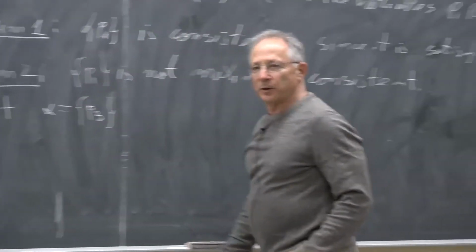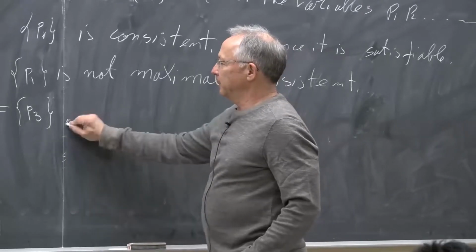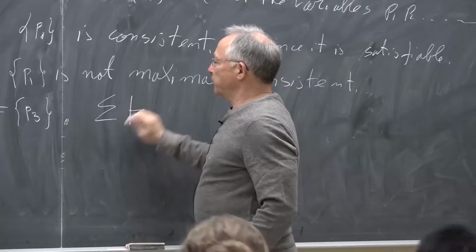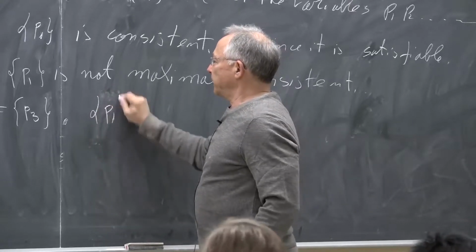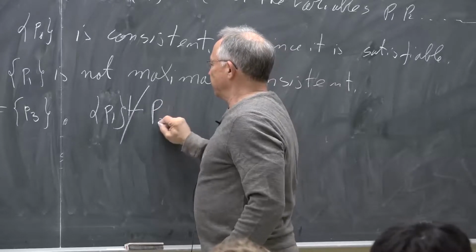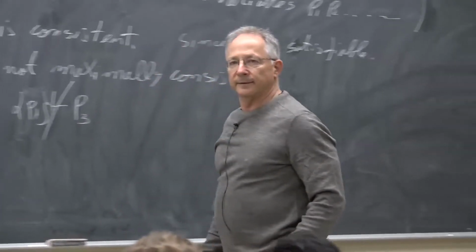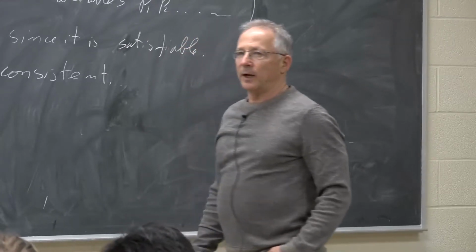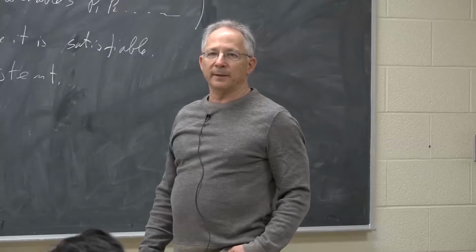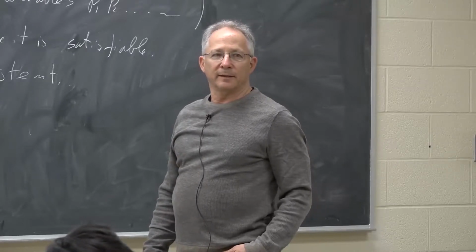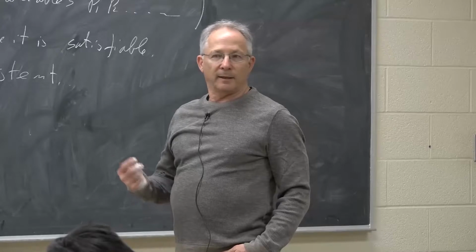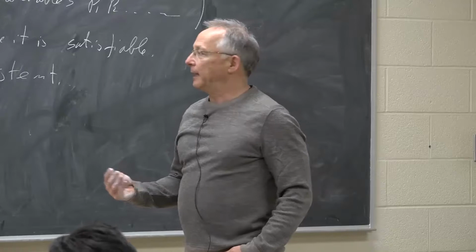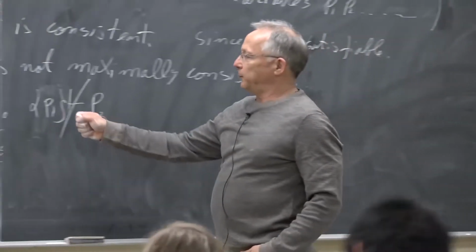Okay, so now I want to show you two things. First of all, my sigma, which is P1, cannot prove P3. Why is that? We need to prove it. So how can I show that my sigma does not prove P3? I'm going to apply the soundness. If it does prove it, then it will logically imply it.